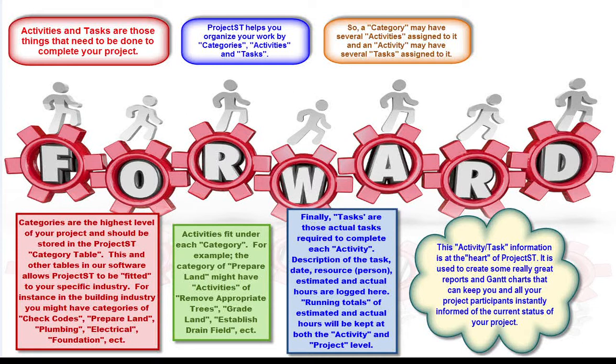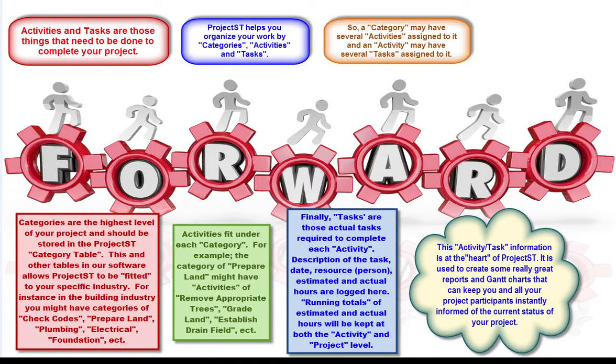Then, each activity will have the actual task entries required to accomplish the activity. Each task entry will contain the date, resource, or person assigned to the task, description of the task, and the estimated and actual hours required to complete the task.